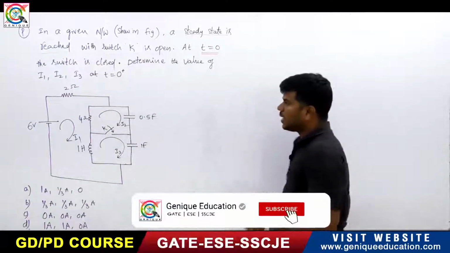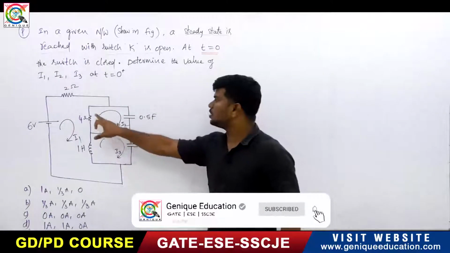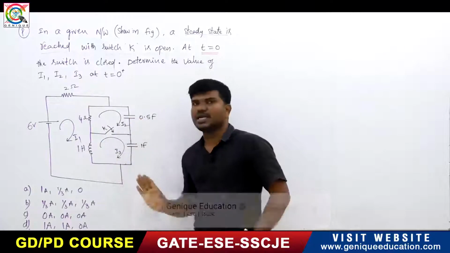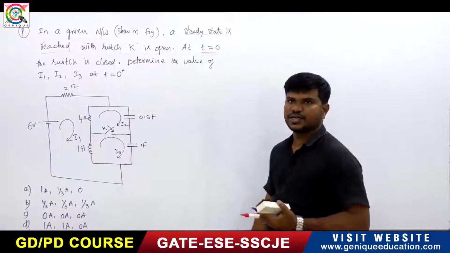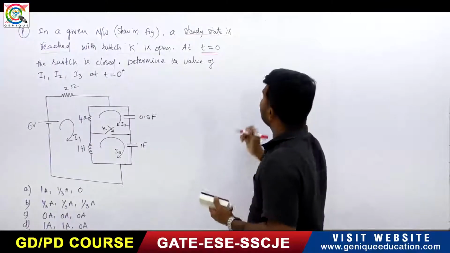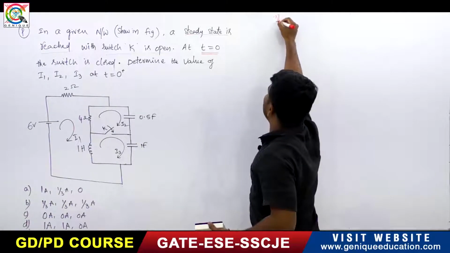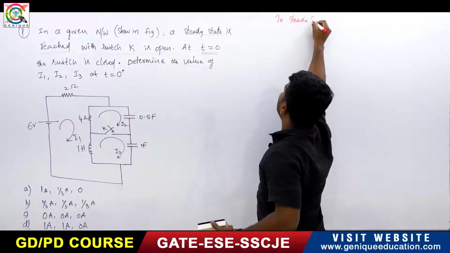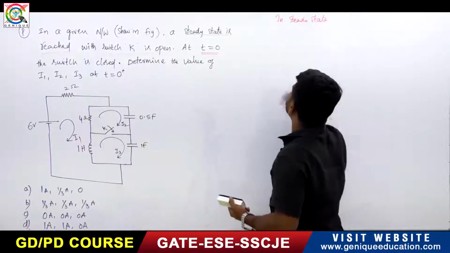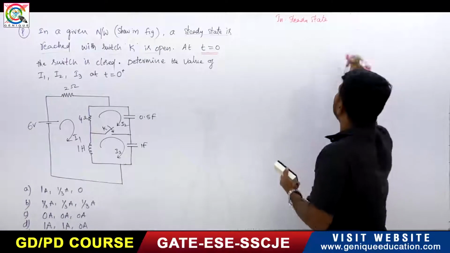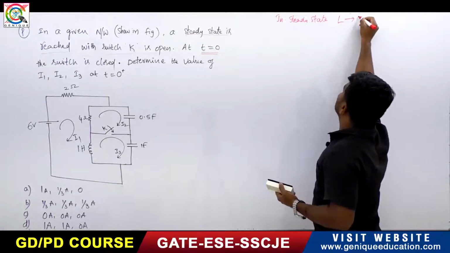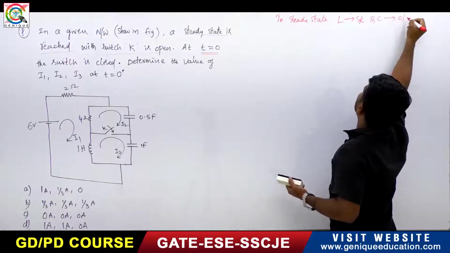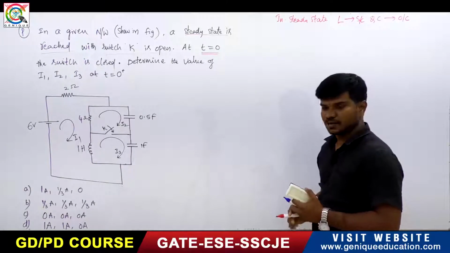Even though the switch is not closed, the 6 volt source is connected to capacitors and inductors, so we can say the circuit is in steady state. In steady state, the inductor is short circuited and the capacitor is open circuited. This is the point you have to understand.